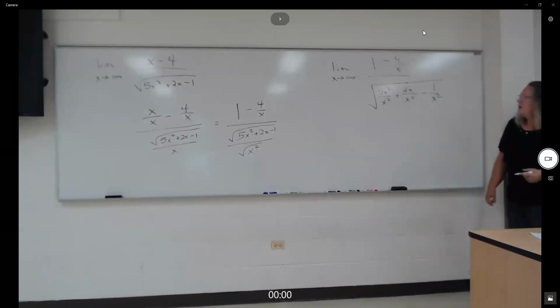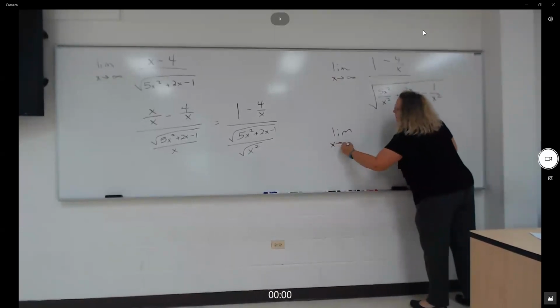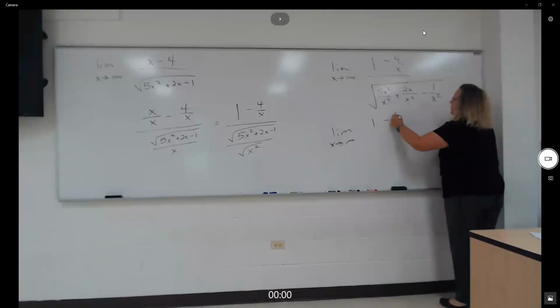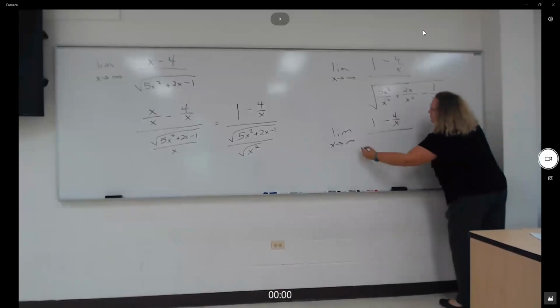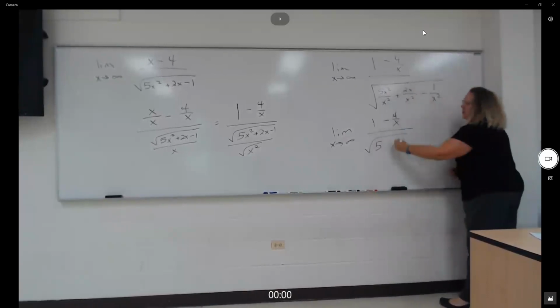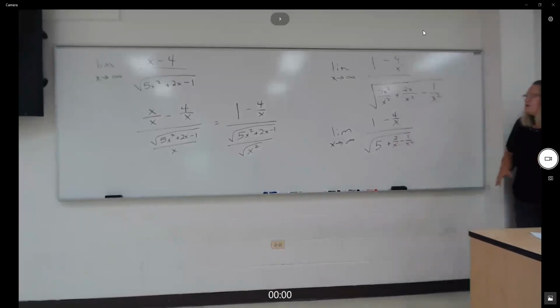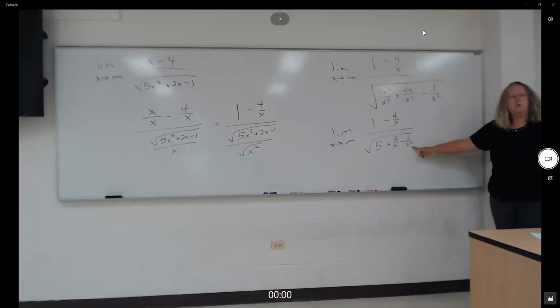And now we're in good shape. Let's just write it one more time. This is still good. Square root, this is beautiful, that changes to 5. This is still messy: 2 over x, and this is still 1 over x squared. But because I'm going to infinity, what do all 3 of these go to?